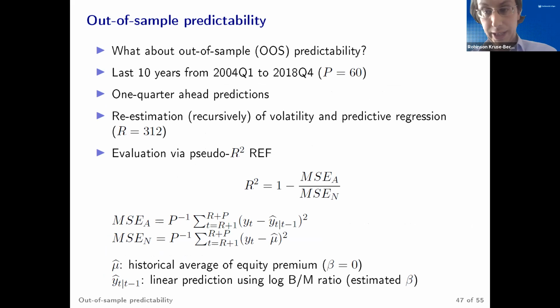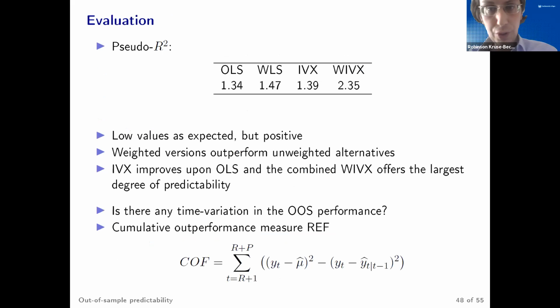And on the contrary, we use a possibly non-zero beta and estimate the beta in different versions. OLS gives an R squared of 1.3, and you can see that in that range, 2.35% is already an improvement. So what about a time varying perspective here?